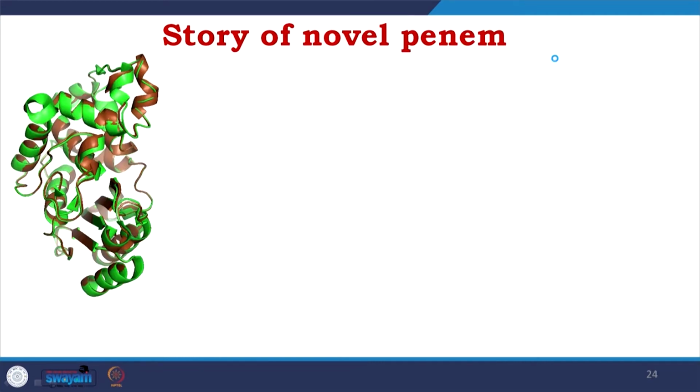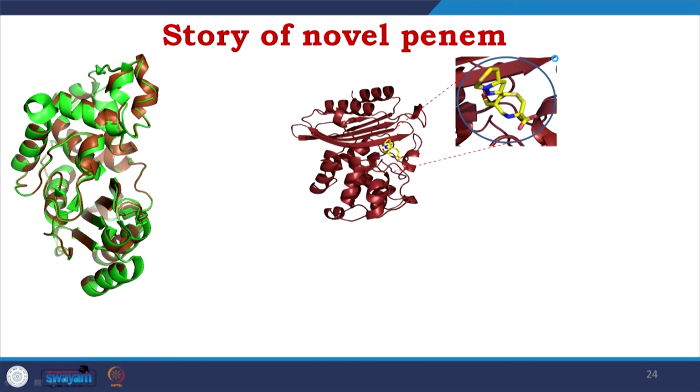So, as I told the story of novel penem, the structure was solved, and when the active site was zoomed, you see, to everyone's surprise, there is a 7-membered ring.